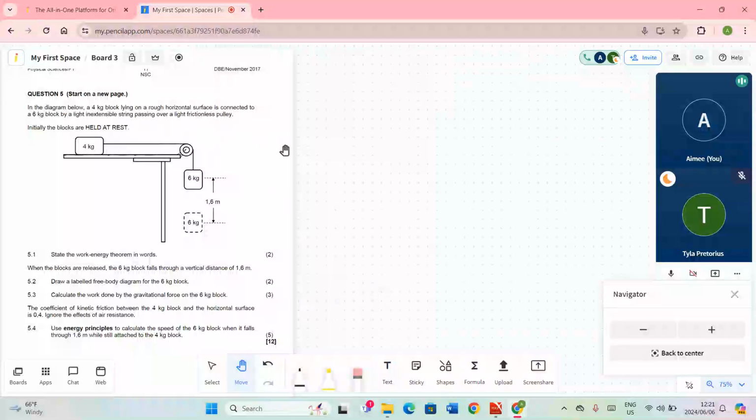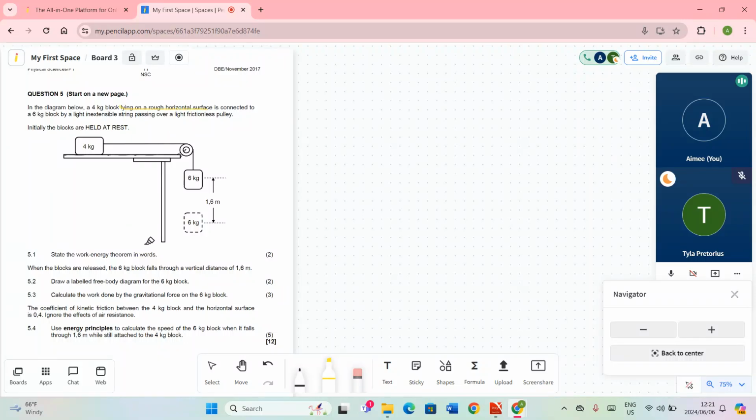Okay, question 5. In the diagram below, a 4-kilogram block lying on a rough horizontal surface is connected to a 6-kilogram block by a light, inextensible string passing over a frictionless pulley. So it's a frictionless pulley, but it says that this block is moving over a rough horizontal surface.